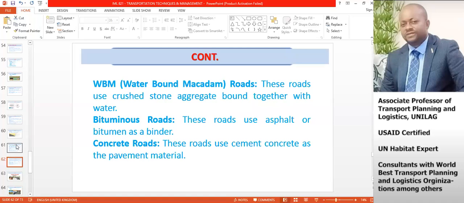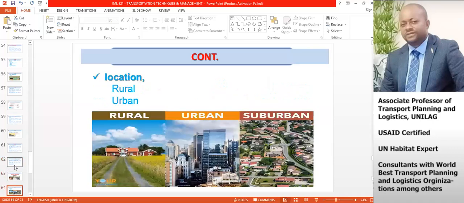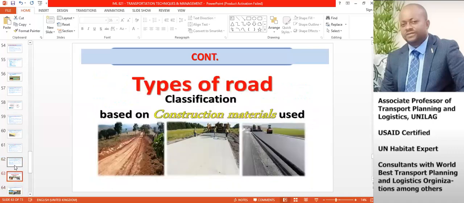I think Ikorodu road is bituminous, not the BRT lane. No. Not the BRT lane. I think they did concrete roads on most of the surface because of the load that it is carrying. So let's go to another type, based on construction materials. What kind of road is this?